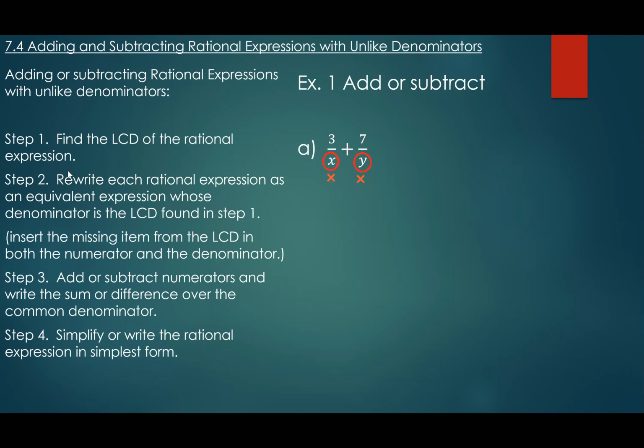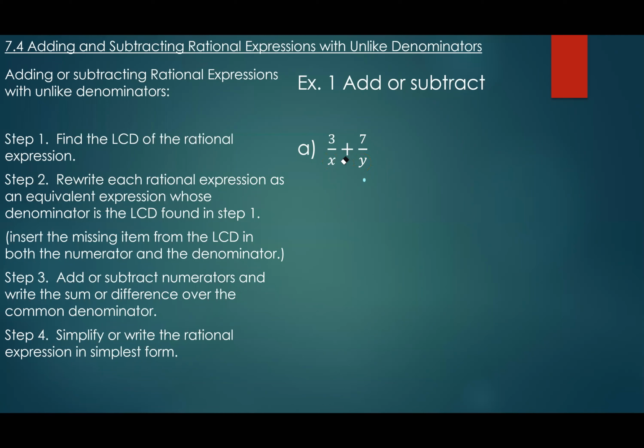And because we change the denominator, we need to change the numerator. Basically, in short, all you do is insert the missing value from your LCD into the numerator and the denominator. Once you have that, you add the numerators and keep the denominator, then simplify if possible. It will be very hard to simplify this kind of problem, but it might happen.